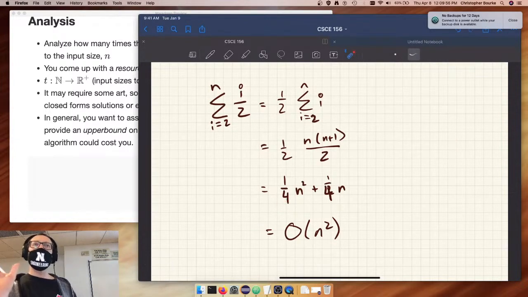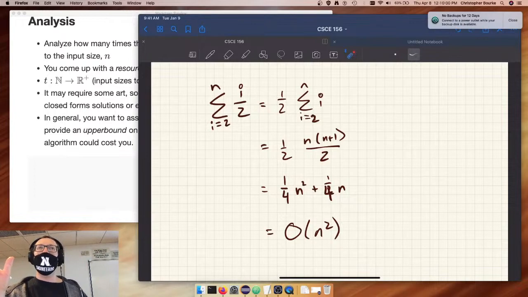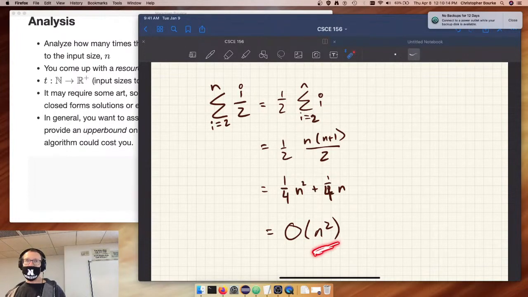Now put on your engineering hat and ask yourself, is there a difference? Absolutely. In practice, insertion sort is much better than selection sort. You can expect on average to do half as much work, right? Half as much work is not asymptotically less work. It's still going to grow quadratically.